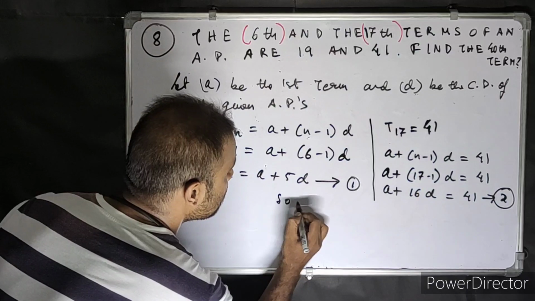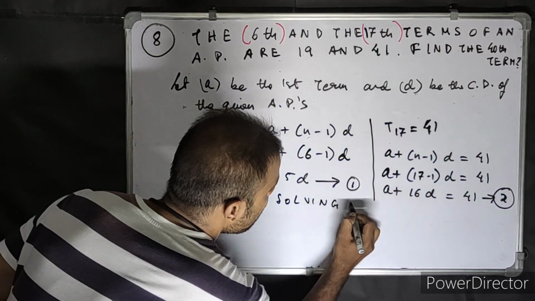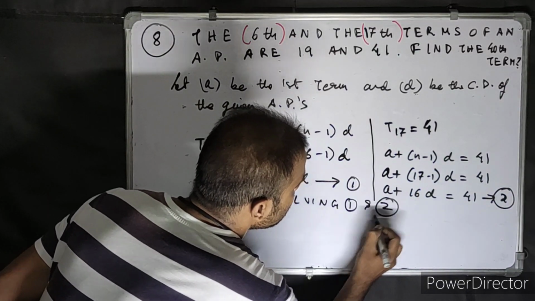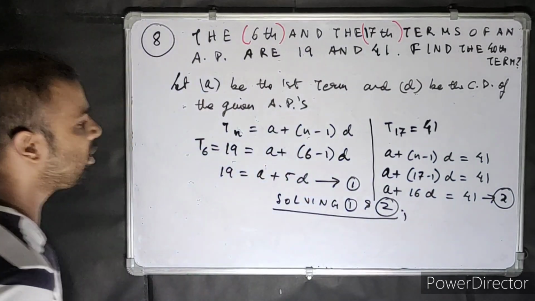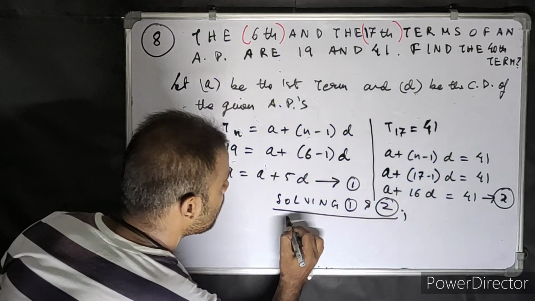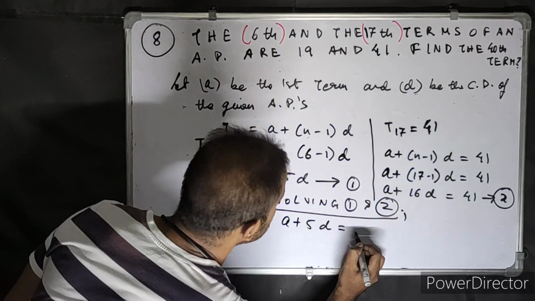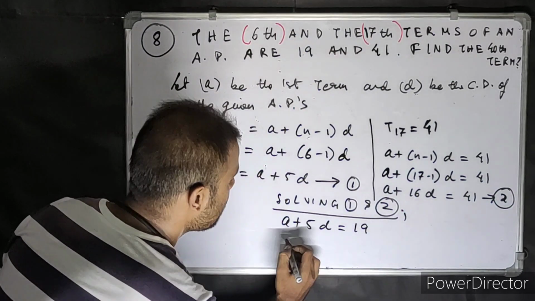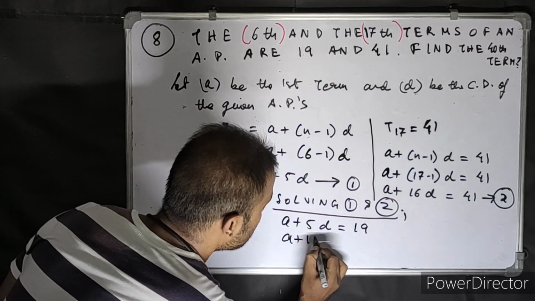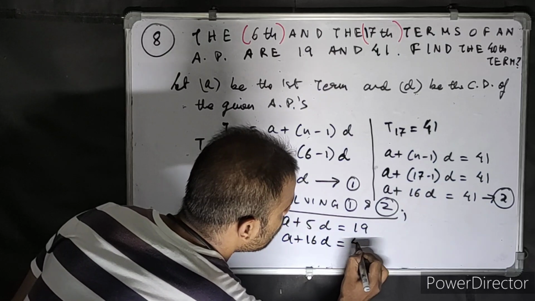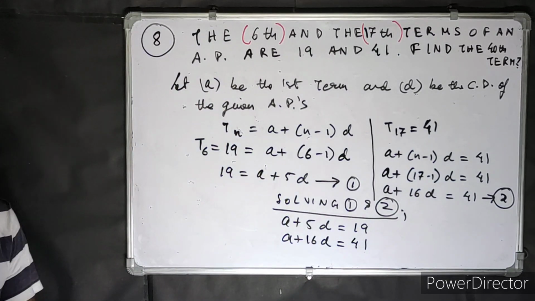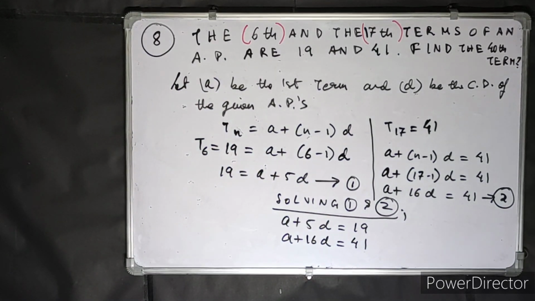Now you solve them, solving 1 and 2 simultaneously. So this is A plus 5D is equal to 19, and this is A plus 16D is equal to 41. Okay, let's carry on.